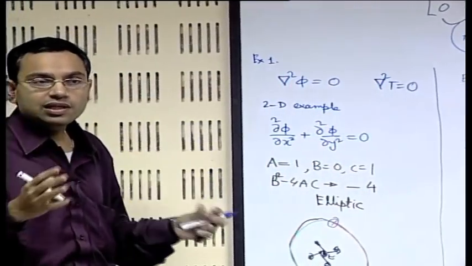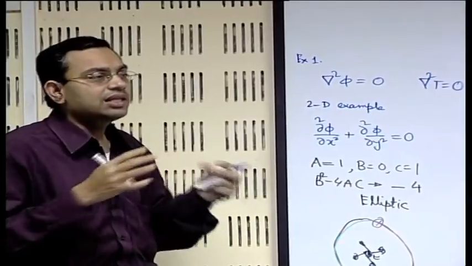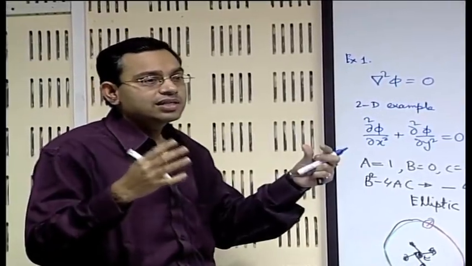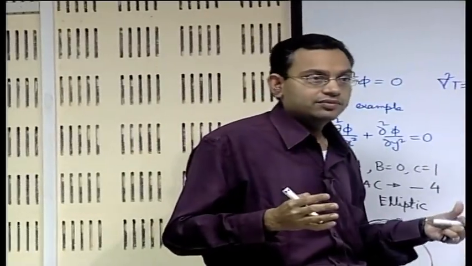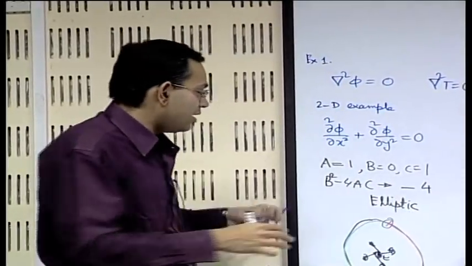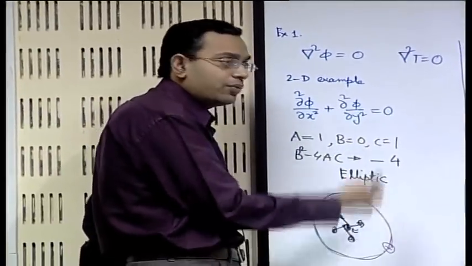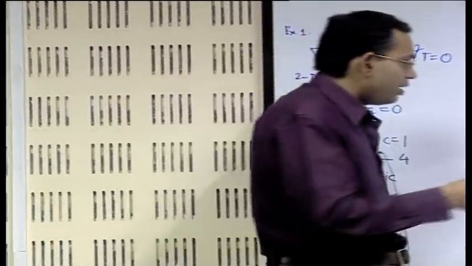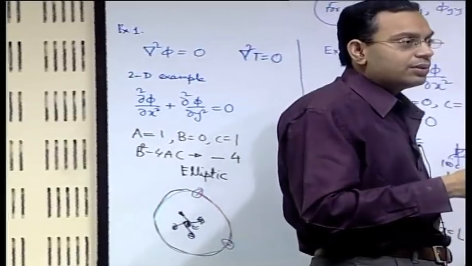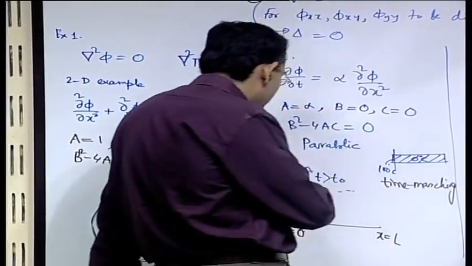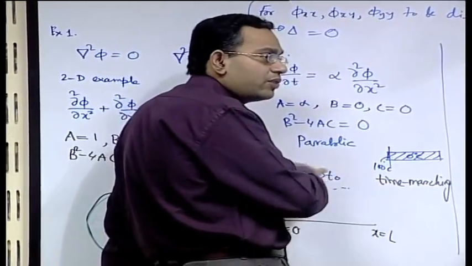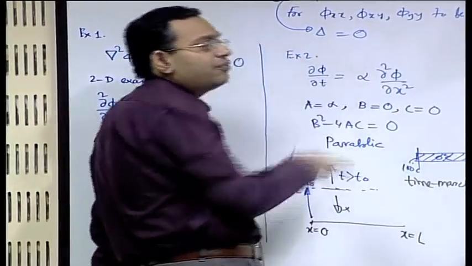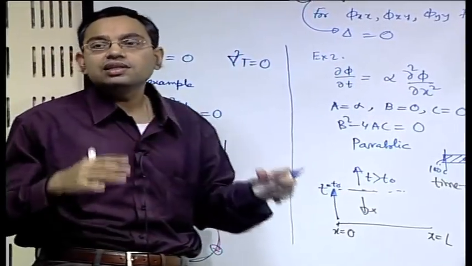The domain of disturbance is where you can impose the disturbance, and the domain of influence is where the disturbance may be felt. In an elliptic problem the entire domain is the domain of influence, whereas in a time marching problem, t equal to t0 is the time at which the disturbance is imposed, and t greater than t0 signifies the domain over which this influence will be felt.